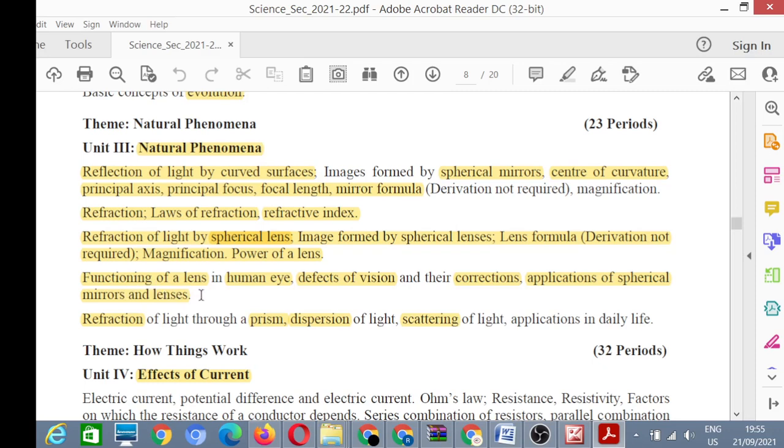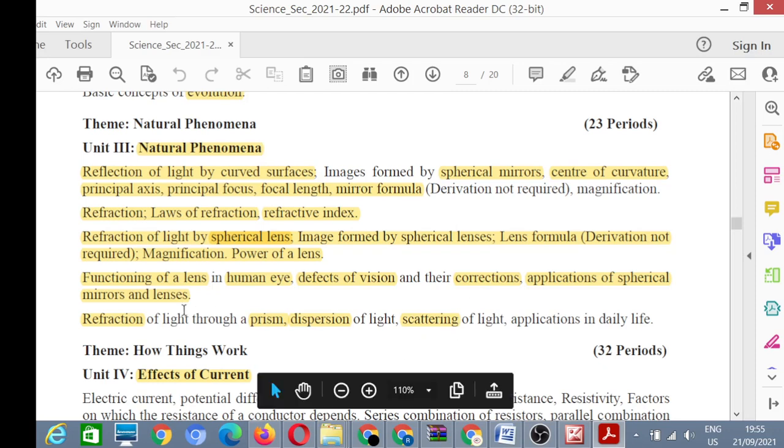Then we have the functioning of the lens of the human eye. This is our biological lens. Then defects of the human eye, myopia and hypermetropia, and how these can be corrected with the help of lenses, specs.